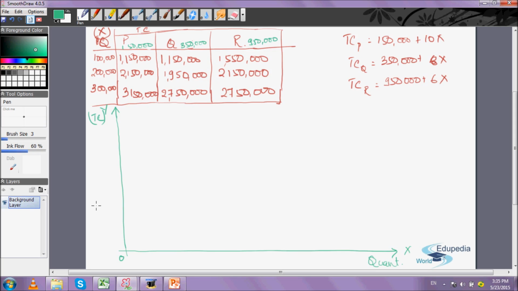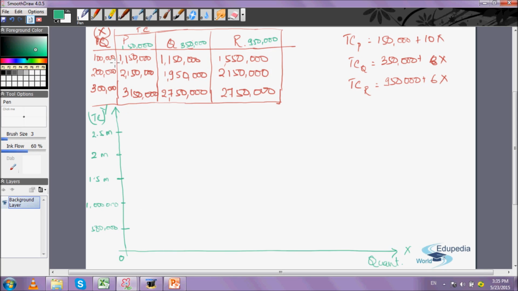Alright, so now let's take the scale according to the numbers here. Total cost, we can take a scale ranging from say 500,000, 1 million, 1.5 million, 2 million, 2.5 million, and so on.